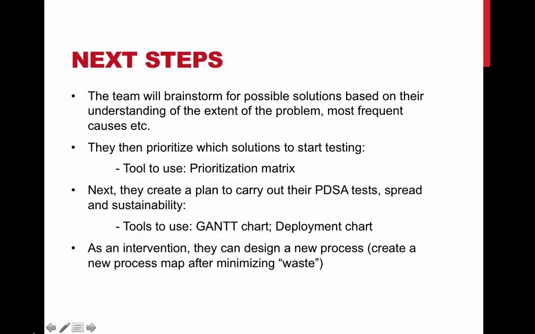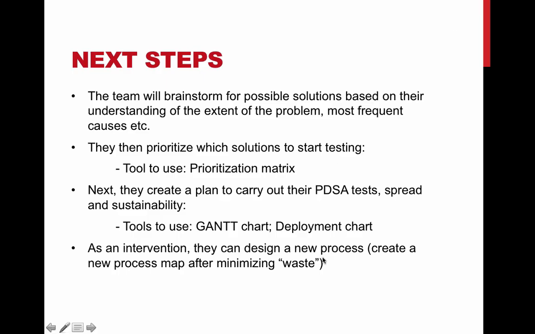And a deployment chart, what does a deployment chart do? Deployment chart tells you what is Audrey going to do, what is Michelle going to do, what is Leslie going to do, what is Renee going to do, what is Sajid going to do, etc. Okay, a deployment chart tells you which task is owned by which person. Okay, so these are good project management tools to be used in the implementation part. And as an intervention, they can design a new process.